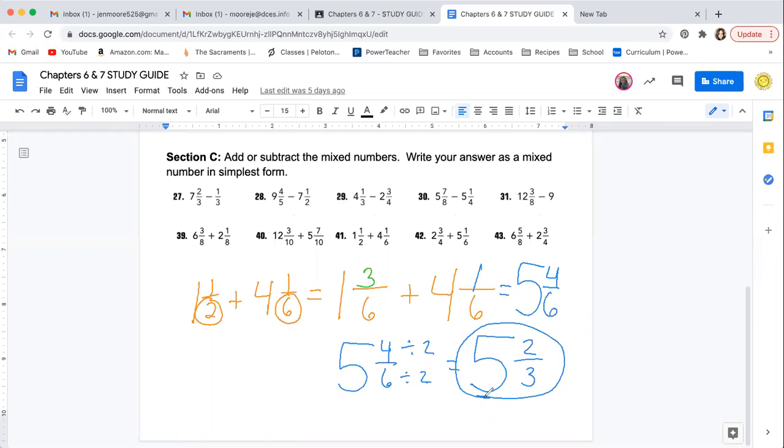All right. I want you looking ahead at 42 and 43. Which one do you think is going to need regrouping at the end? Meaning you're going to get fractions that when they come together are going to make a quantity bigger than 1. Can you tell which one? 42 or 43?